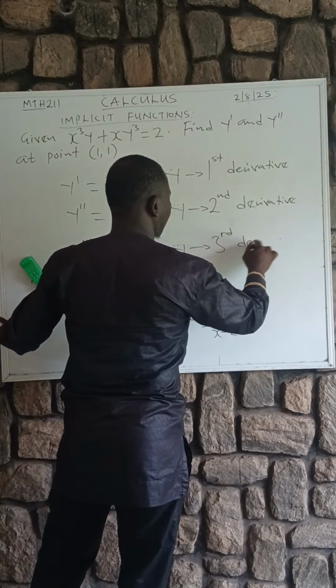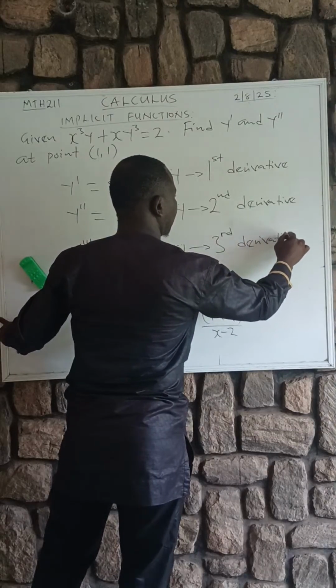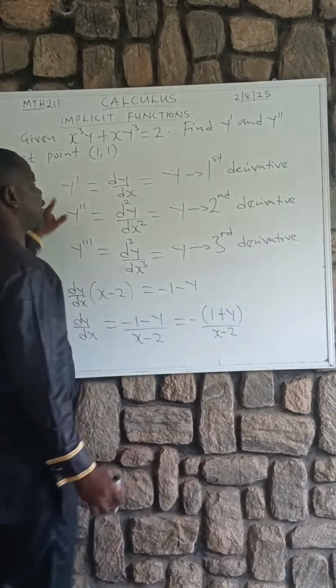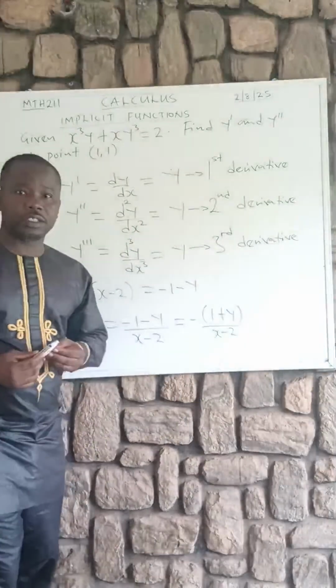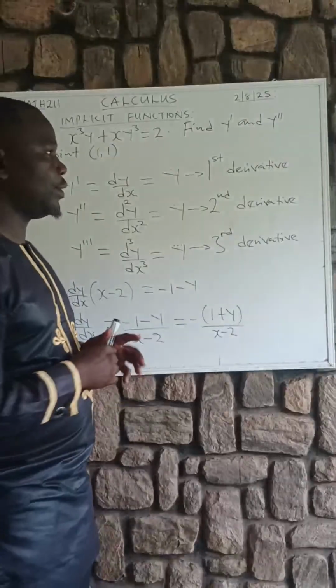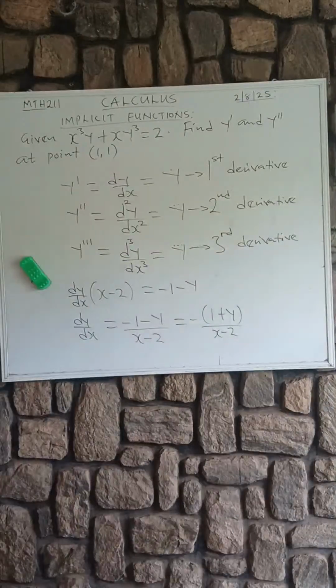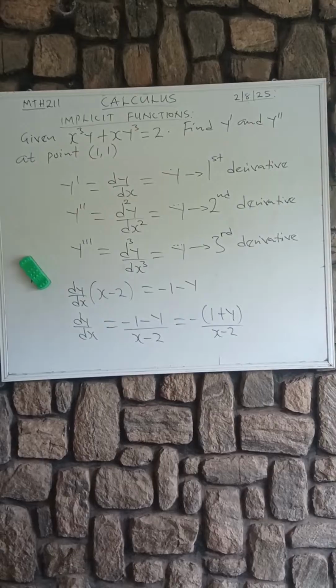So in case you come across things like this, don't panic. It is the same differentiation. If it is y prime, they are asking you to differentiate once. Are you following?